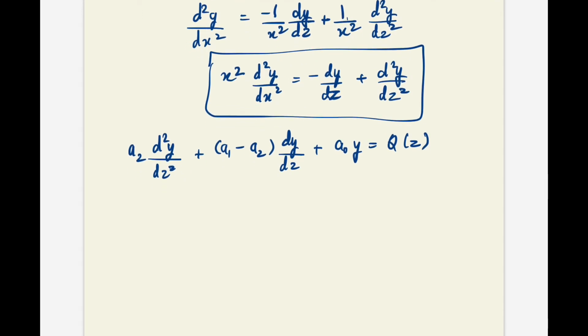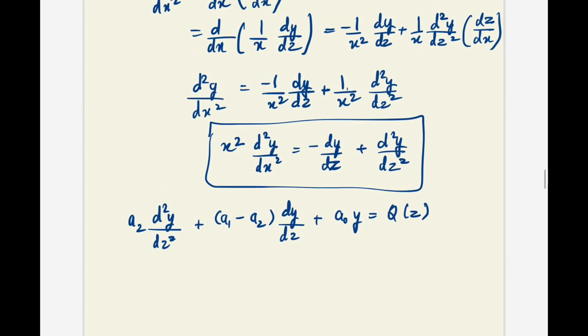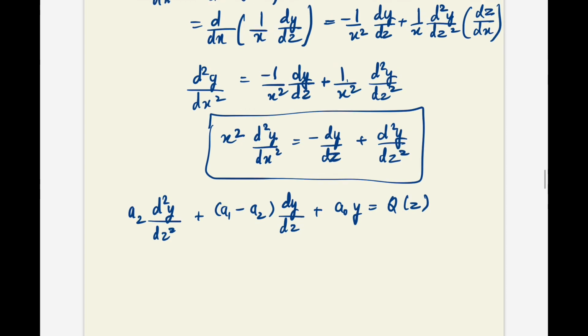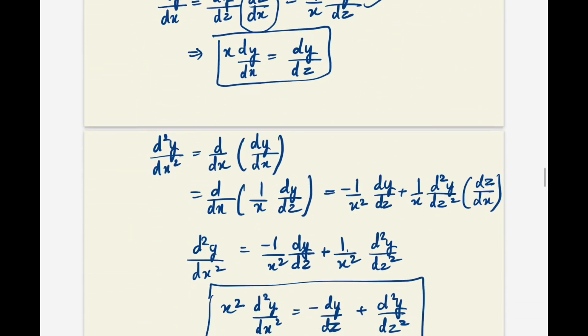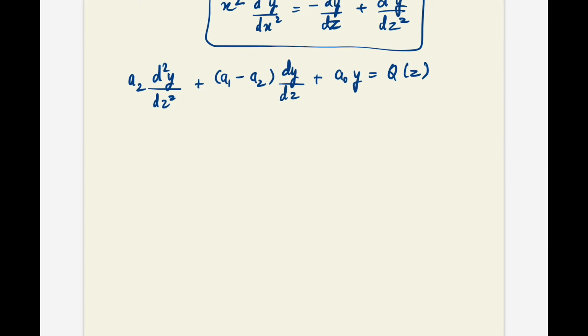Right? Now our differential equation reads as x square d2y by dx square plus 5x dy by dx plus 3y is equals to 0.